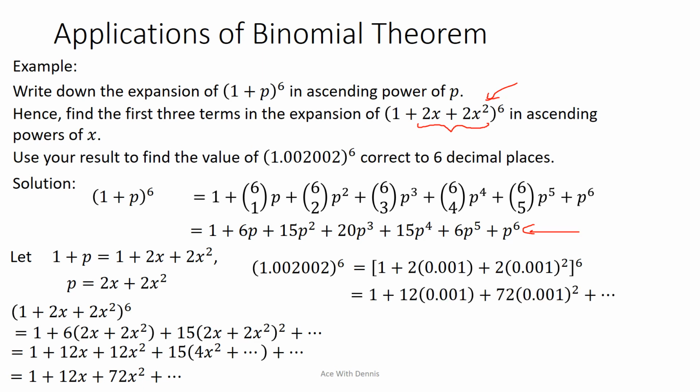So we can just substitute x to be 0.001. Using the answer here, whenever I see the x, it will be 0.001. Then I'll get the answer 1.012072. So this is 6 decimal places as required by the question.